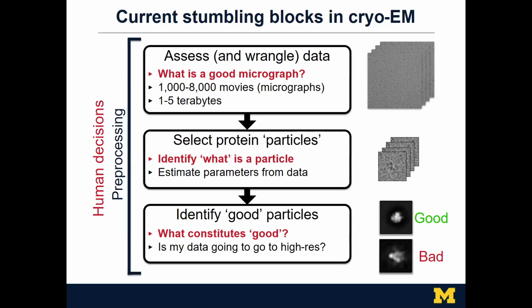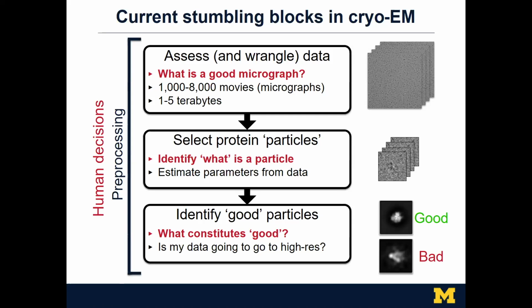So coming back to this flowchart, what's labeled in red is where human decisions are involved. And much of the knowledge here is obvious for experts, but it's not that obvious for beginners, for graduate students, or for people who have not been in the field for a very long time.